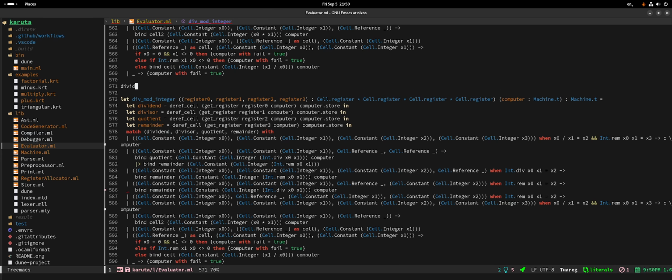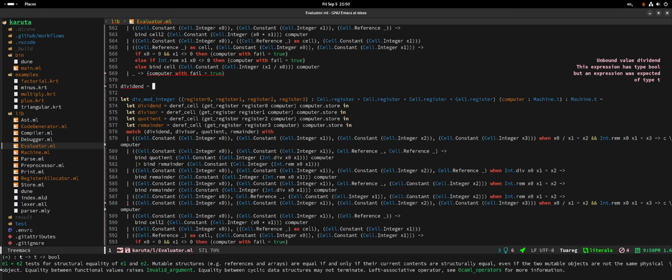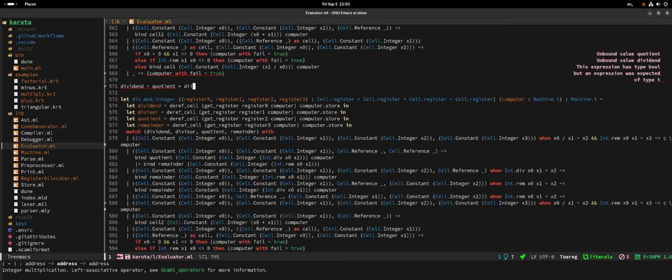Like dividend equals quotient times divisor plus remainder. No, no. If you have the divisor, you can do that, but not if you have the dividend and you're trying to figure out the divisor.